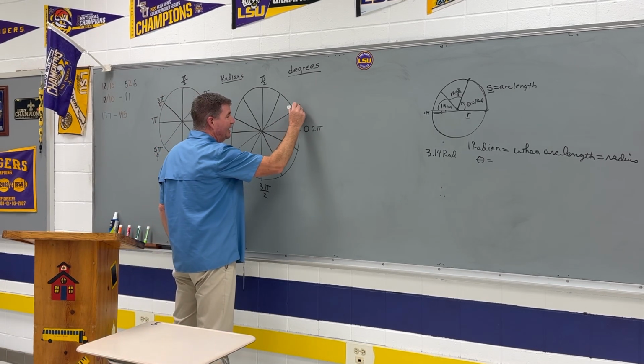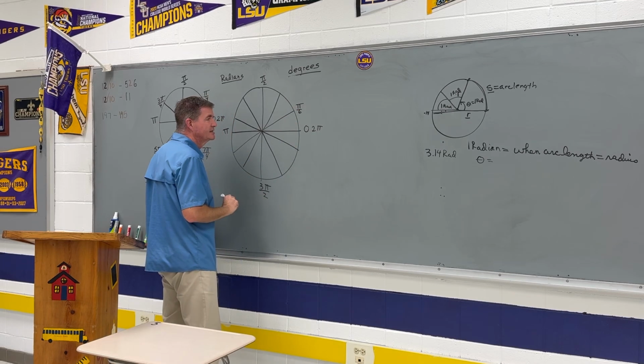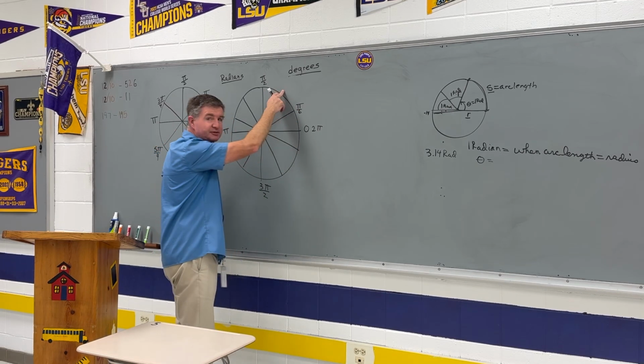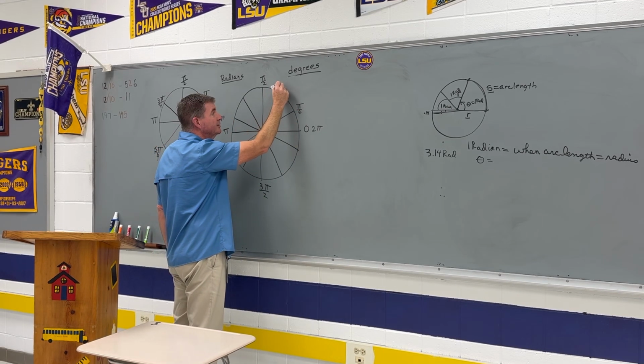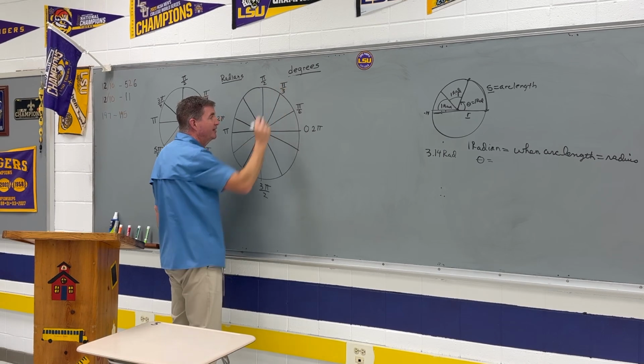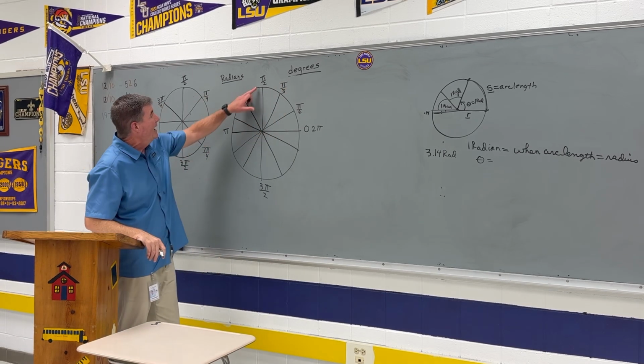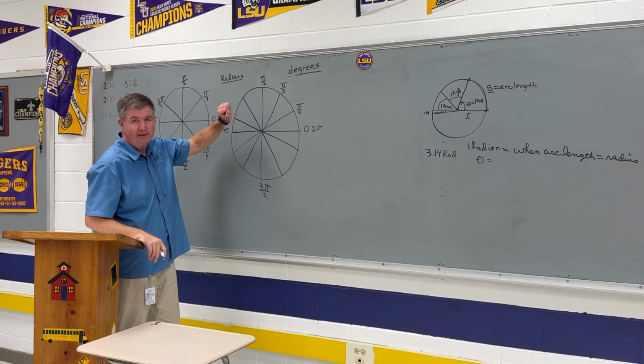So we got what? Pi over 6, which is 1/6. 2 pi over 6 simplifies to pi over 3. I have 3 pi over 6, which is pi over 2.